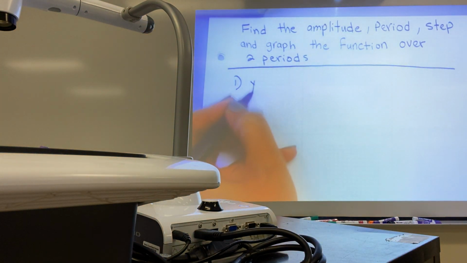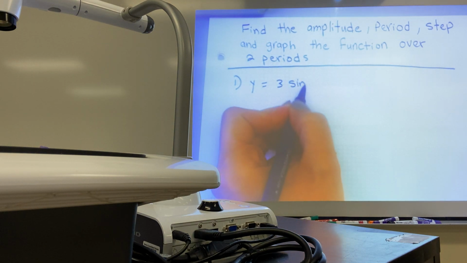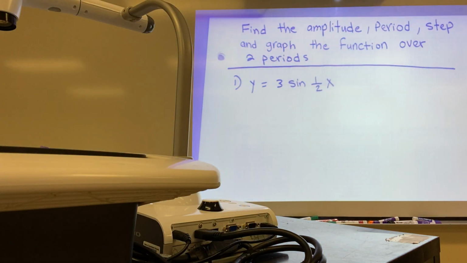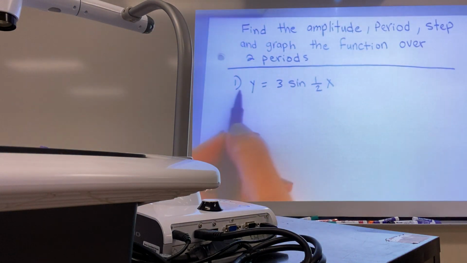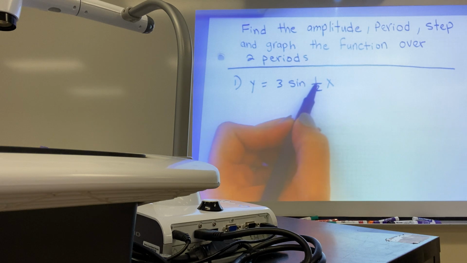is y equals 3 sine half x. Okay, 1/2 x. So again, comparing it to the original sine function, we'll find a and b here.